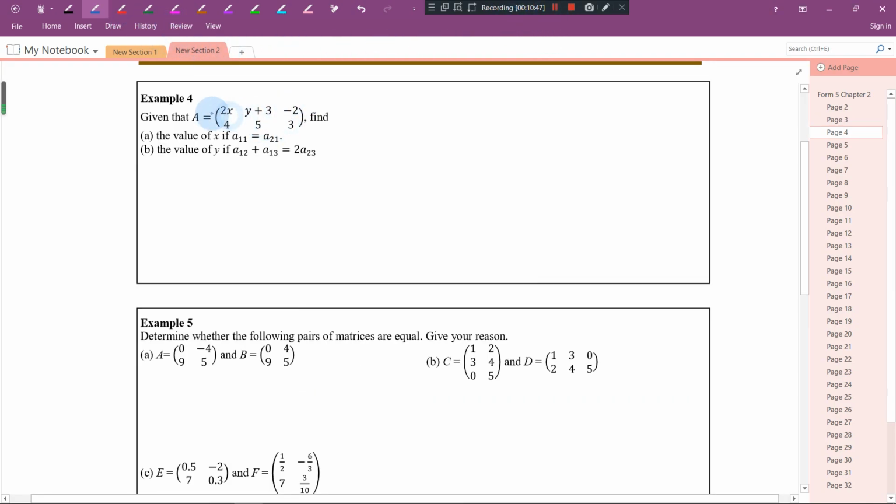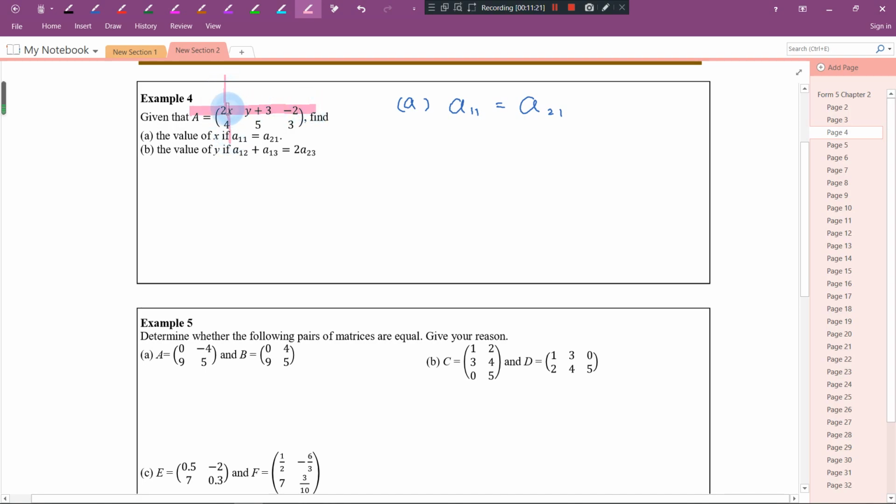Okay, now let's try an example. Example number 4. Given that A is equal to 2x, y plus 3, -2, these all are the elements of this matrix A, 4, 5, and 3. Find the value of x if A11 is equal to A21. 1, 1 means first row, first column.